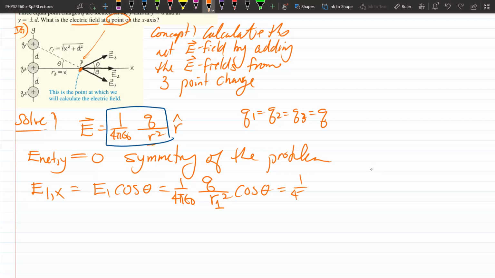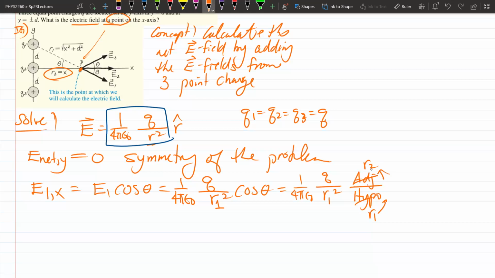I'm going to copy all of this over, with R1 squared. Cosine of theta is the adjacent piece divided by the hypotenuse. The adjacent is actually this distance R2, and the hypotenuse is R1. So this ratio is R2 over R1. You see that?